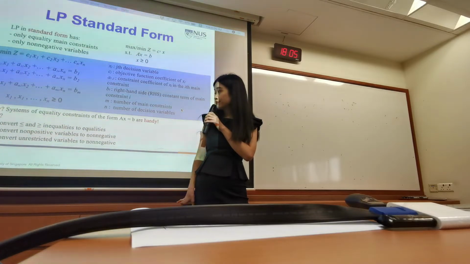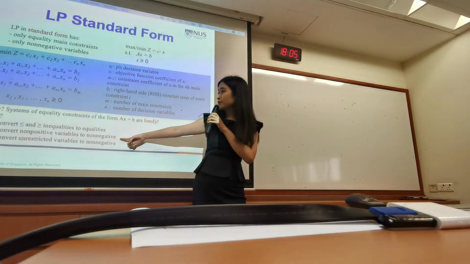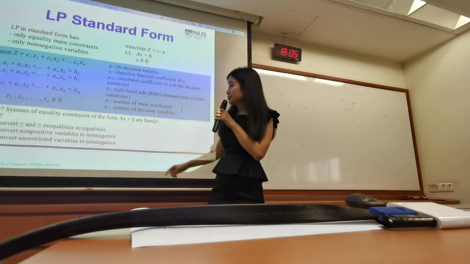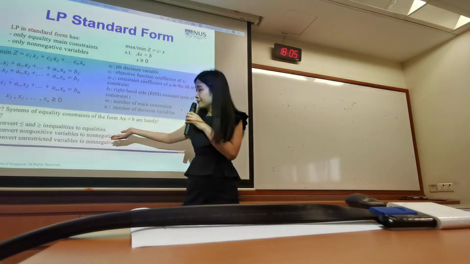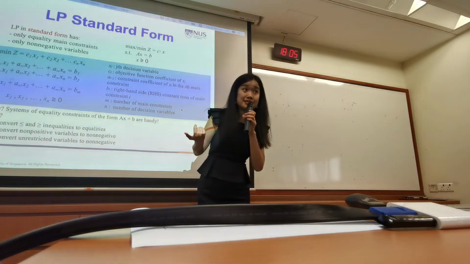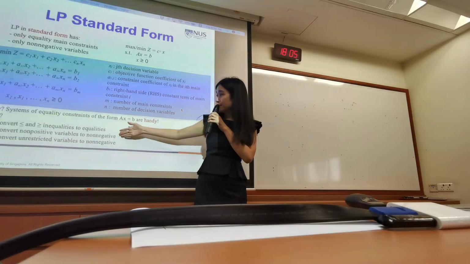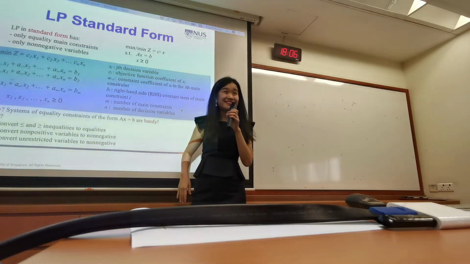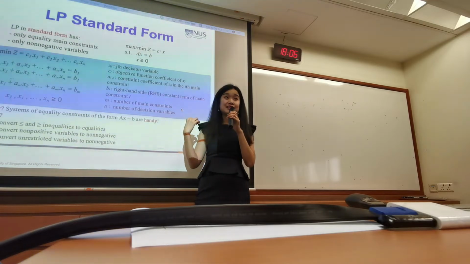And then convert all the non-positive variables to non-negative. Because we always write non-positive or non-negative as smaller than or equal to 0, or larger than or equal to 0. So we always convert those to non-negative, because the algorithm will search in this way directly.